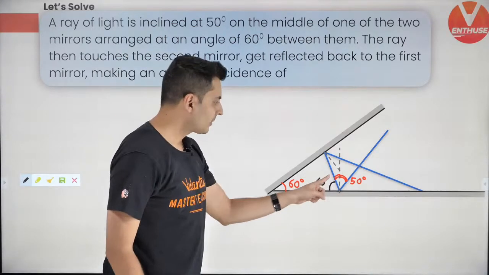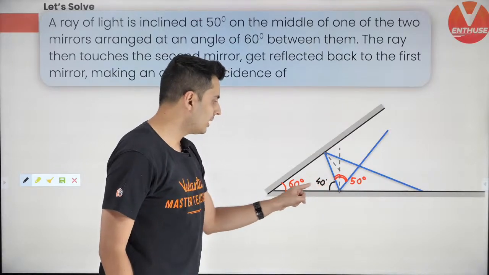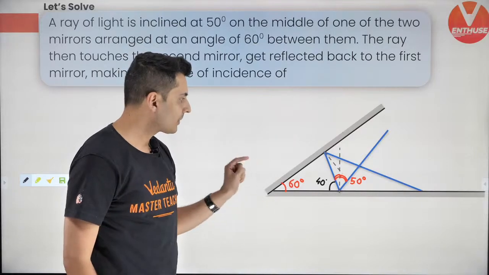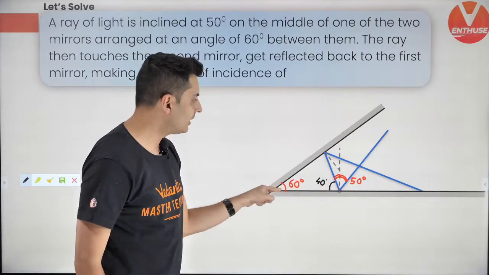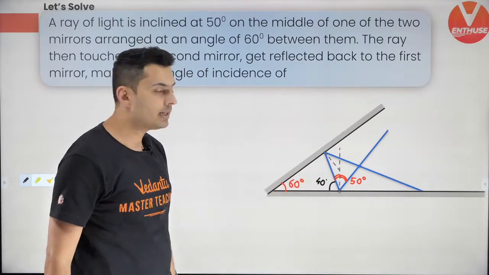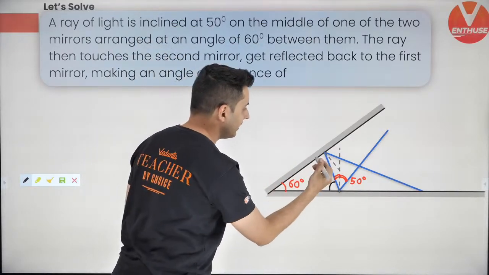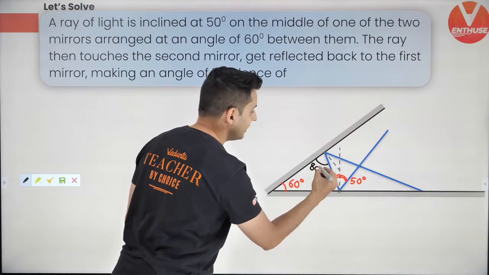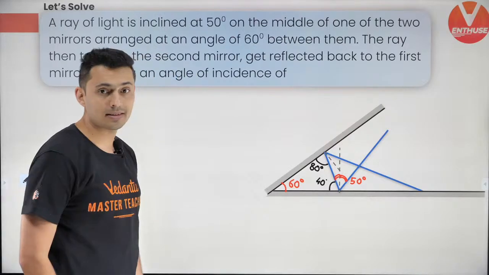If that is 50, this must be 40. Now this 60 and 40 will make it 100. And the total sum of the angles in a triangle should be 180 degrees. So if this is 100, this angle must be 80 degrees. I hope this is clear.